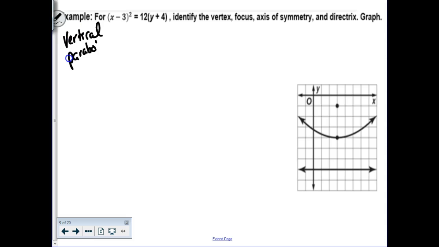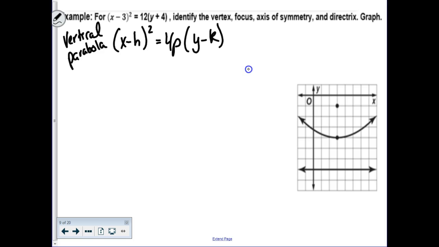I know it's already drawn for you, but vertical parabola. And the formula, if I'm comparing it to the card, the formula for a vertical parabola is x minus h quantity squared equals 4p, and then y minus k as a quantity.